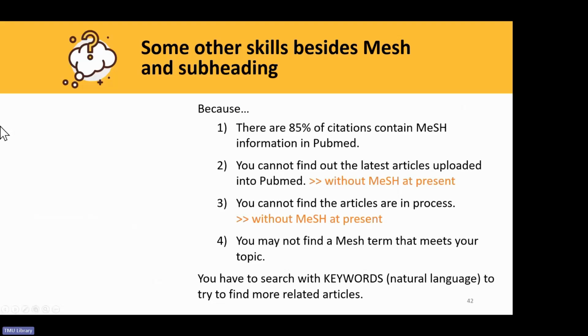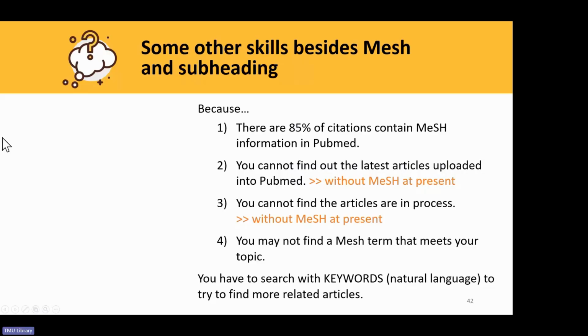And this is another little reminder, because only about 85% of citations contain MeSH information in PubMed. PubMed is actually composed of three databases: MEDLINE, PubMed Central, and Book Resources.